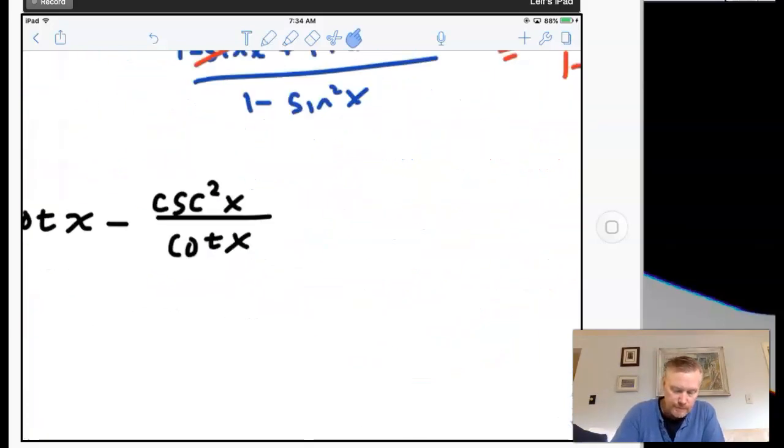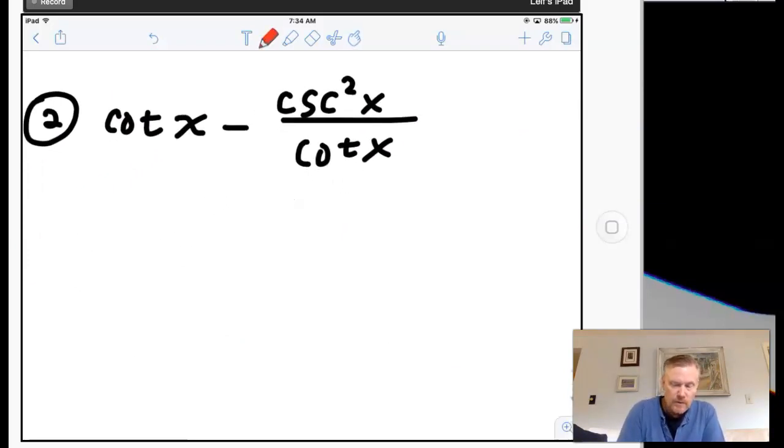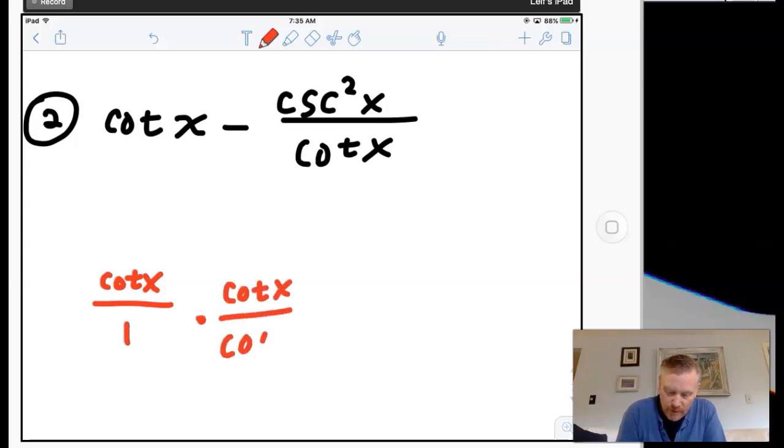Second one. A little trickier than the first one. If I want common denominators here, I should multiply this by cotangent of x over cotangent of x, since this one's already got that denominator.